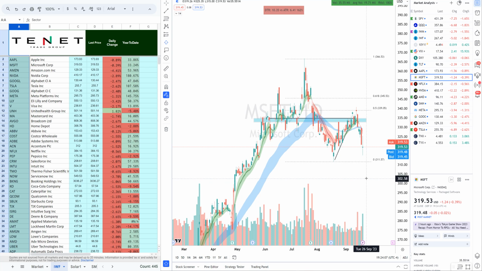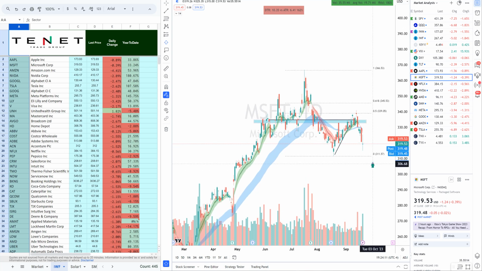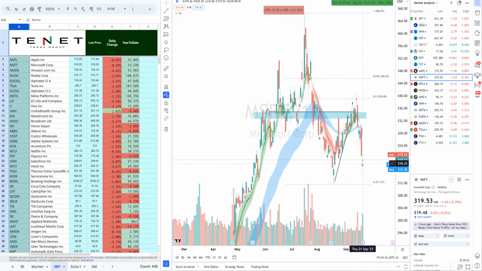Microsoft was relatively strong today, showing an indecision candle. So we have our clear levels of open and close on Microsoft. Microsoft opened at 319.26 and closed at 319.53. So if it opens tomorrow under 319.50, then it can test the lower level.